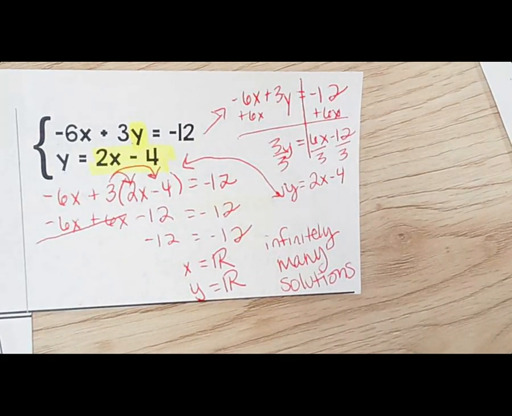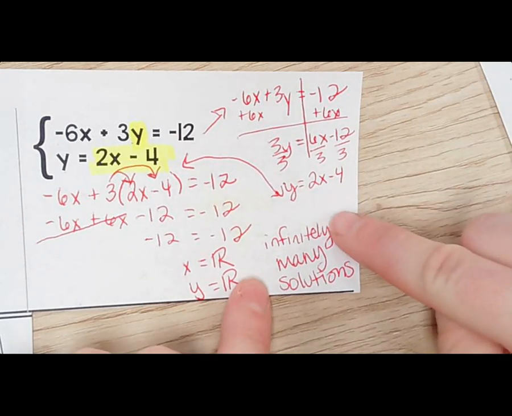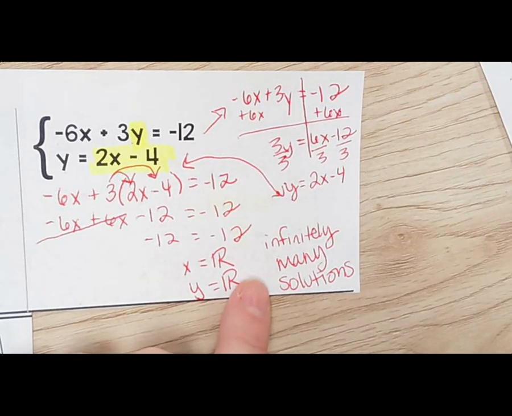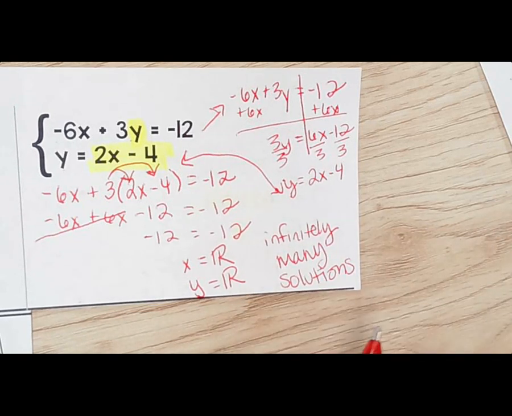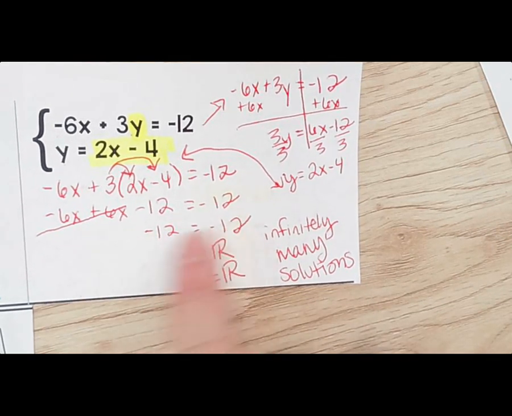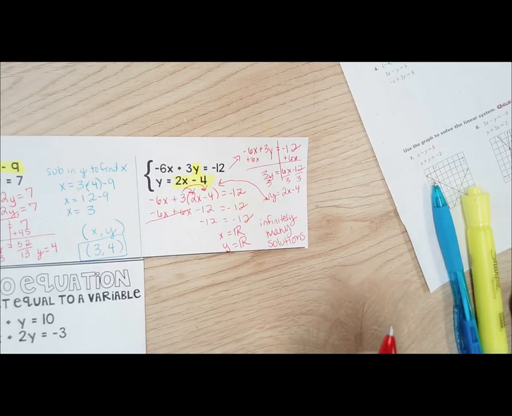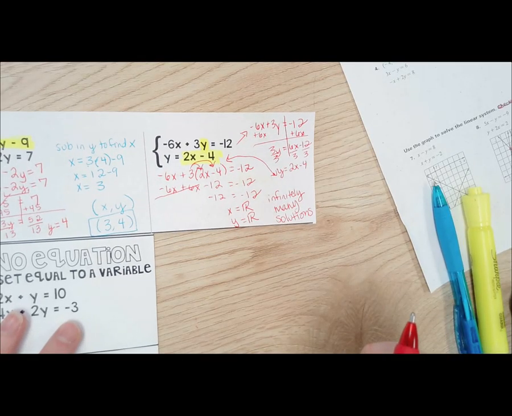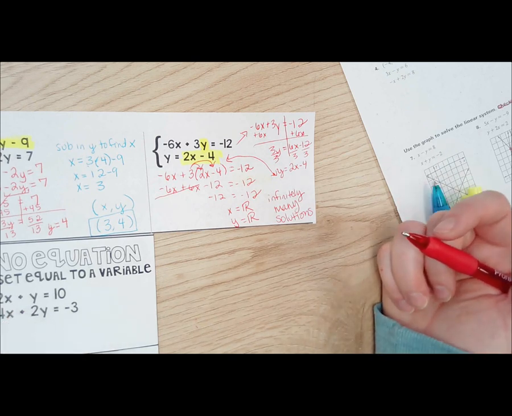So anytime it's the same equation, our solution is infinitely many. So the way it shows up when we're doing substitution is that you have this true equation and it's all real numbers. How would that show up on the graph? It'd be the exact same line on the graph.